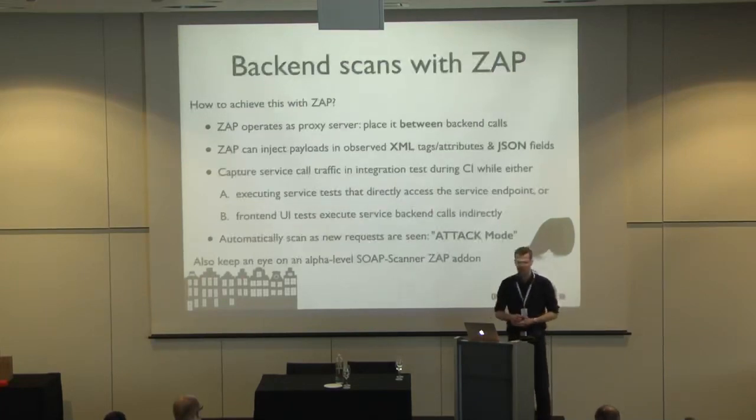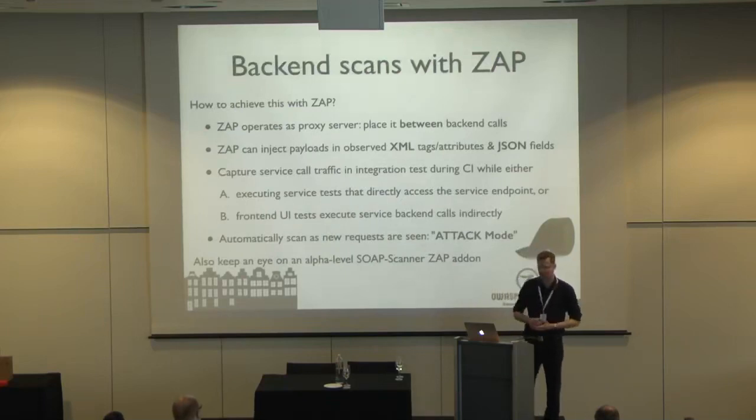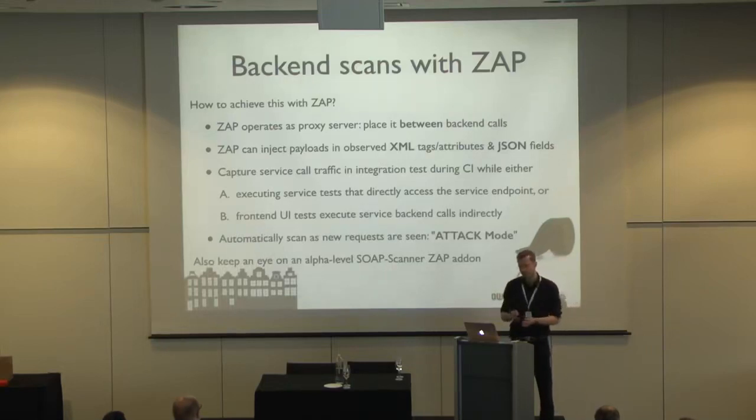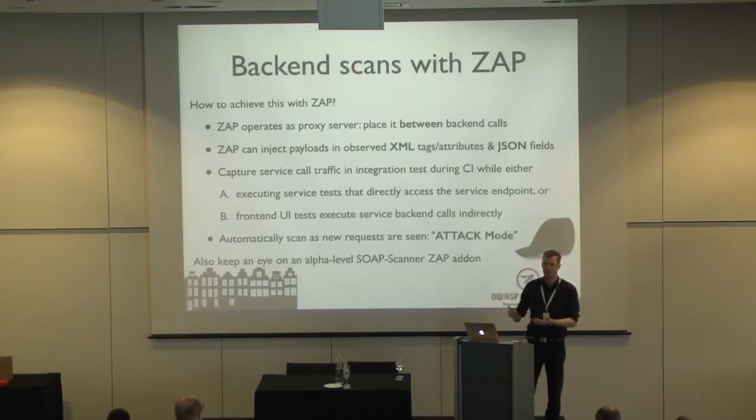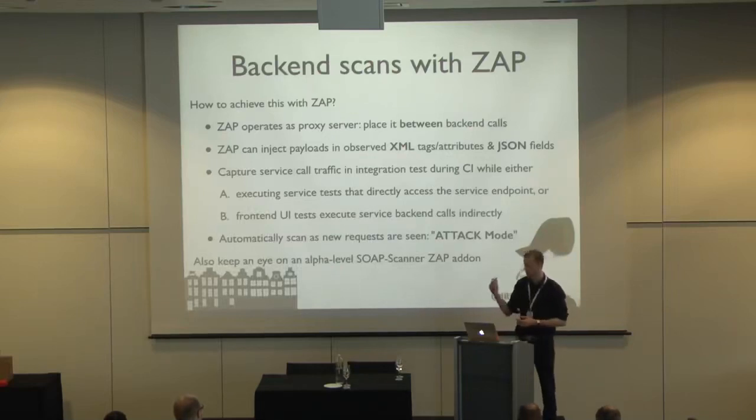How to achieve this kind of thing with ZAP, for example? We could easily place ZAP, because it's a proxy server, between the backend calls. So place it between your web application and the target as a proxy. So you can configure any kind of HTTP call to a REST or a SOAP backend to use a proxy, and this should be the proxy that you use here with ZAP.